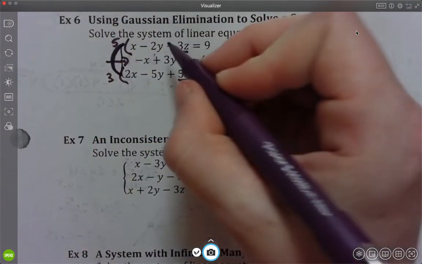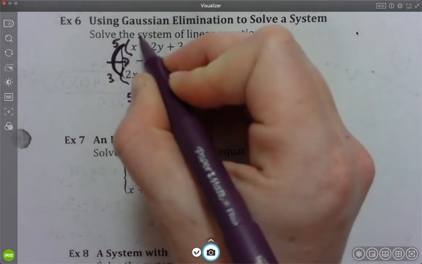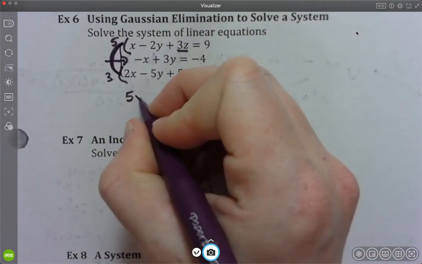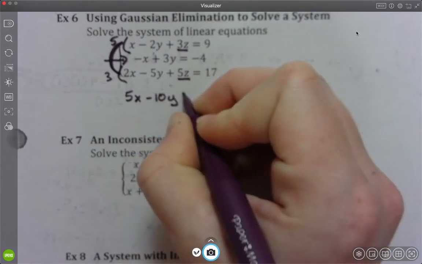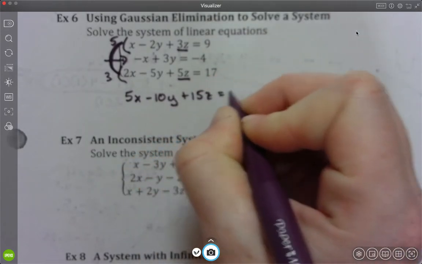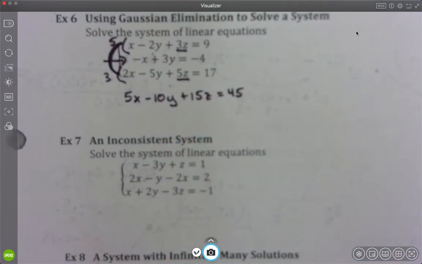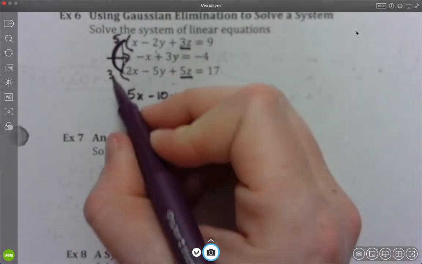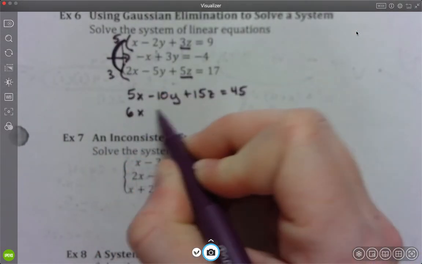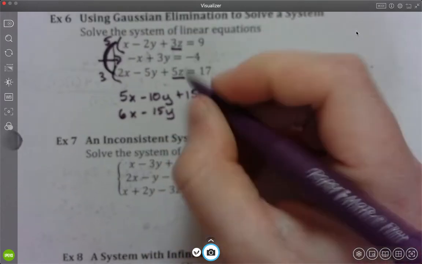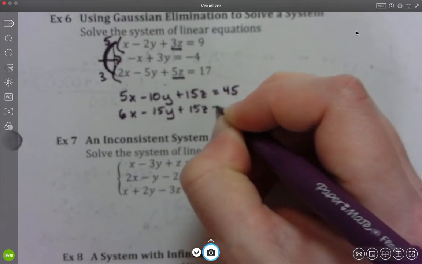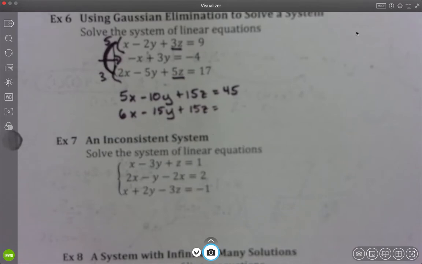So the top equation, if I multiply everything through by 5, this would be 5x minus 10y plus 15z equals 45. Okay, the bottom equation would be 6x minus 15y plus 15z equals, and 3 times 17 gives me 58.